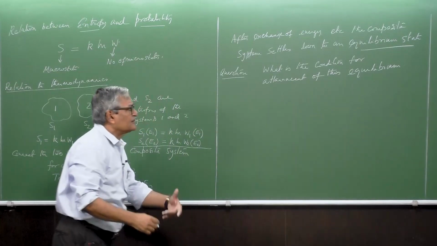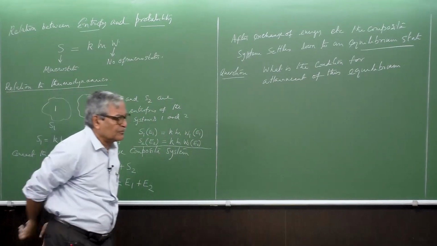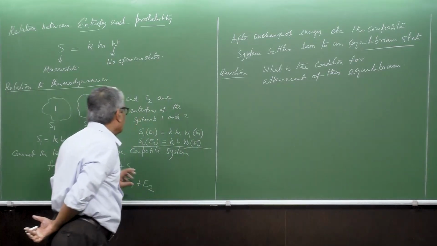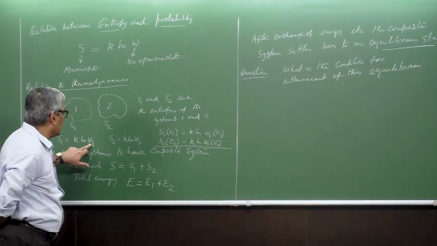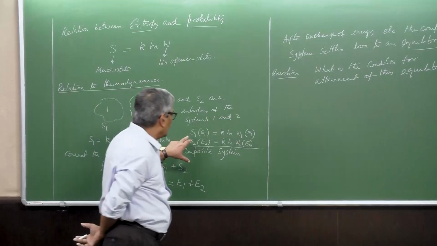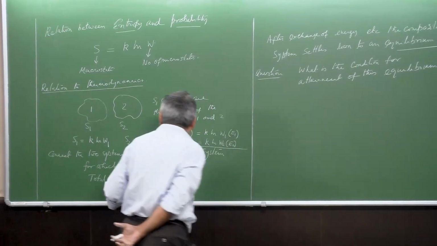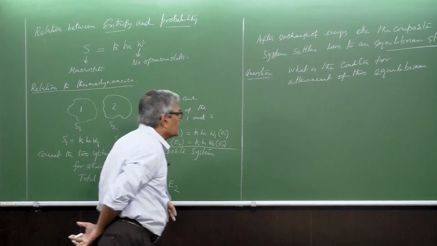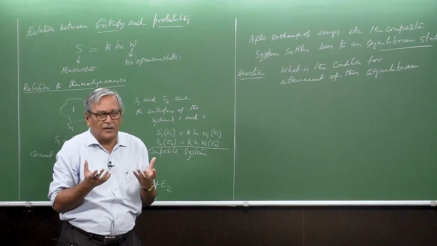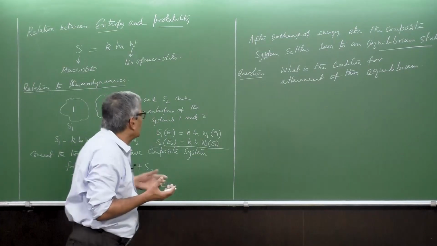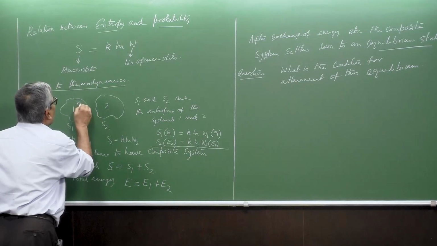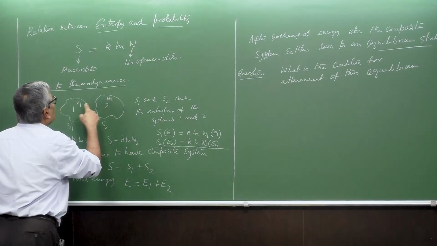Now, to pursue this question, we can do the following. We know that entropy is characterized by a probability. The total entropy is basically the sum of the two, but we start from a product of the probabilities W1 and W2, because this has the probability W1 and this has the probability W2.